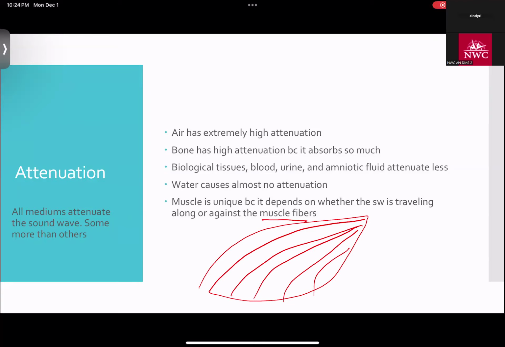So if this is the muscle here and you're scanning and the sound wave is going the same direction as those fibers, it's going to attenuate less versus if the sound wave was going against each muscle fiber.